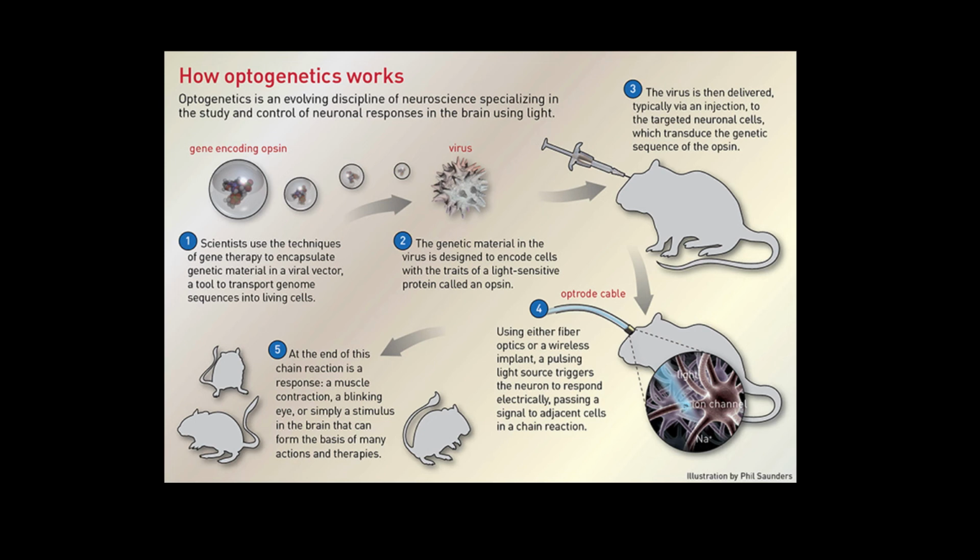Those neurons will then communicate the signal in a chain reaction to other neurons, and that is going to produce an action in the organism, in this case, in the rat. So it is very, very interesting the way that scientists are now able to use light to control the activity of individual neurons.